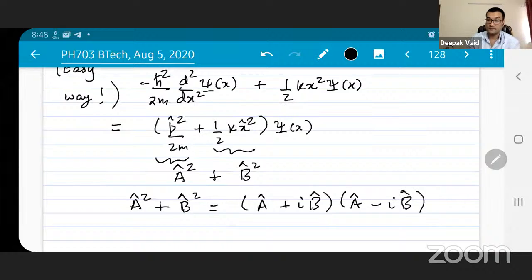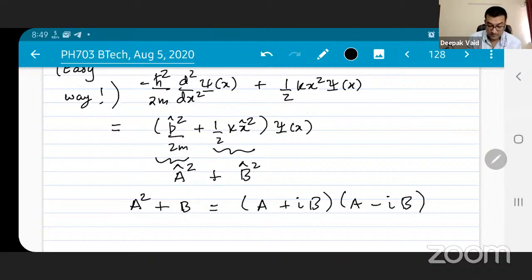So when I take this, at least in the case when we are not dealing with operators, we have to be careful: the BA term will cancel the AB term.